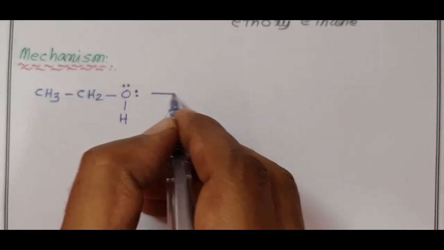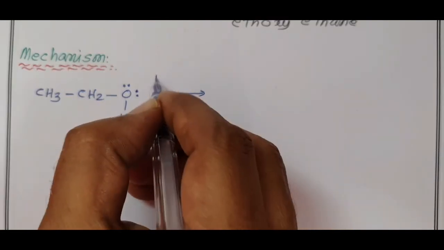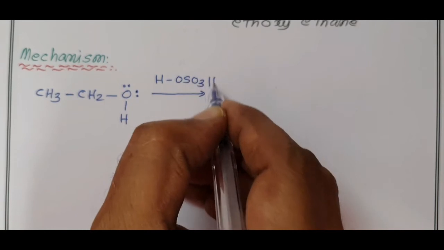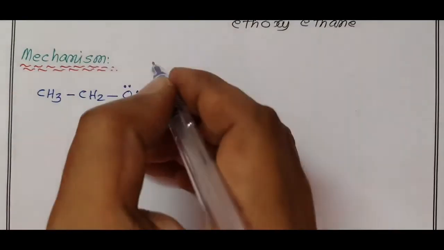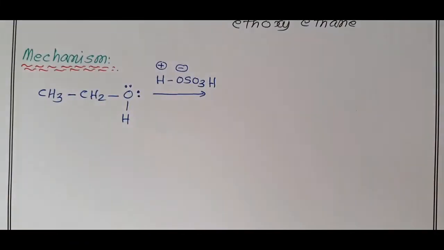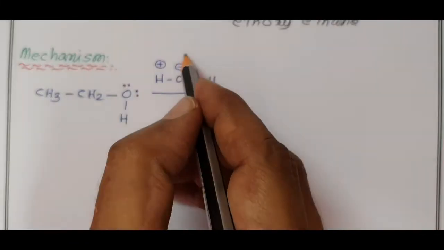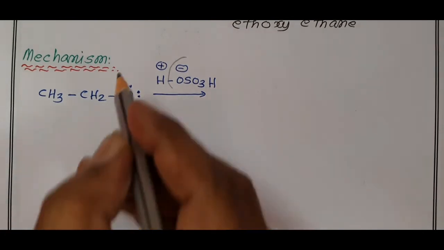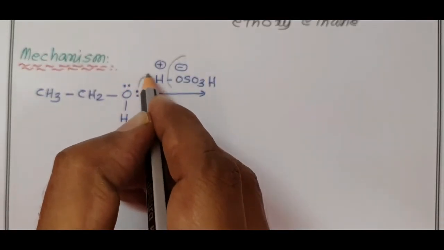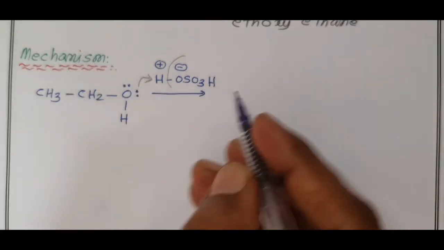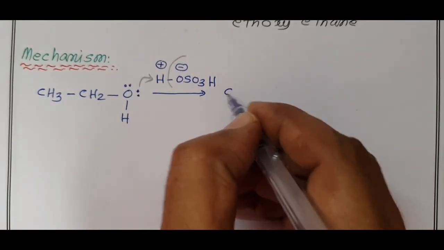When treated with concentrated sulfuric acid, HOSO3H, sulfuric acid undergoes ionization and gives H plus and bisulfate minus. Now what happens? Oxygen donates a pair of electrons to H plus, thereby a new bond is formed between oxygen and hydrogen.